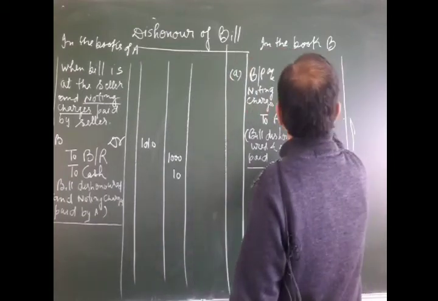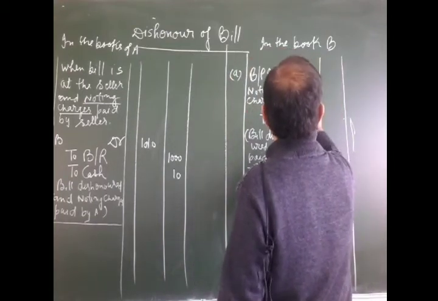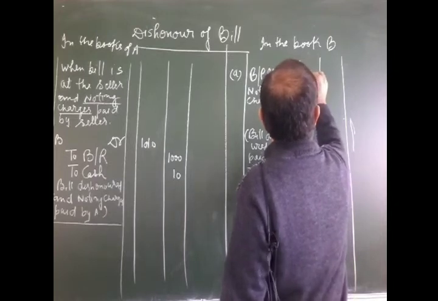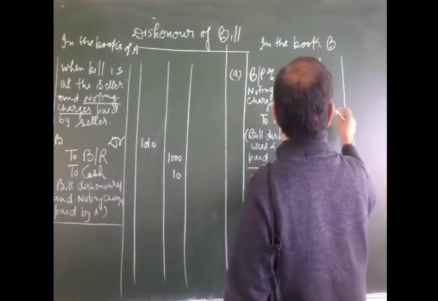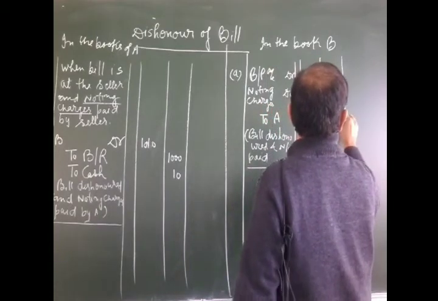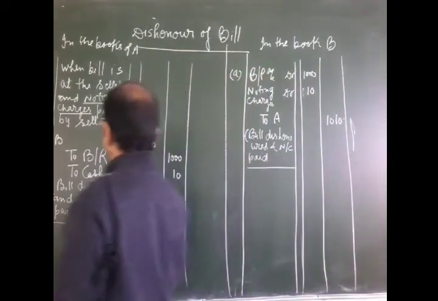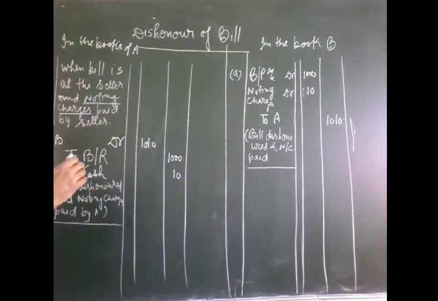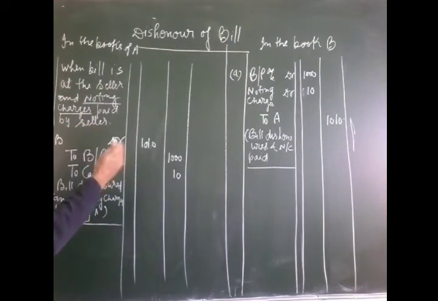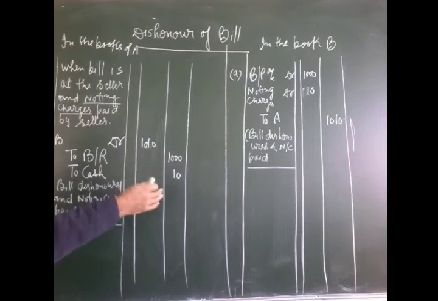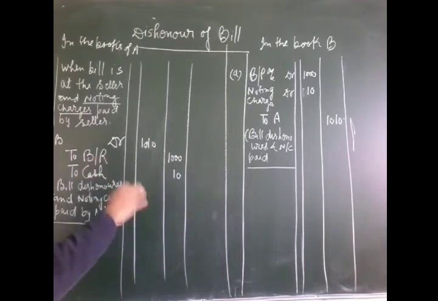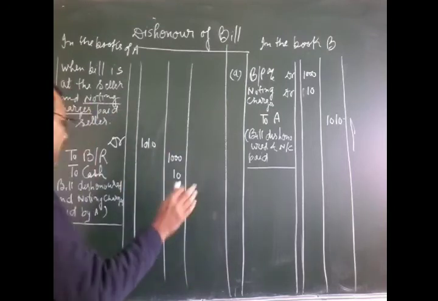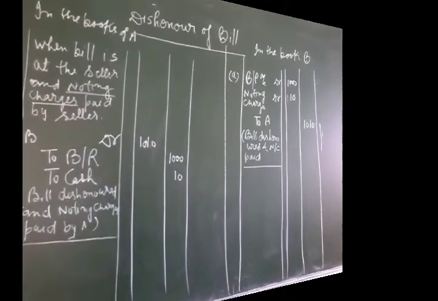We will write here amount 1000, okay, 1000, and 10 rupees for noting charges, and the total will be 1010. In this way, in the first condition, when the bill is not paid by the purchaser, we will pass here the entry of bill dishonored. Okay, you can write down.